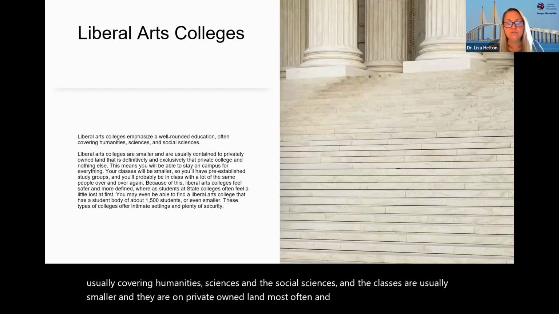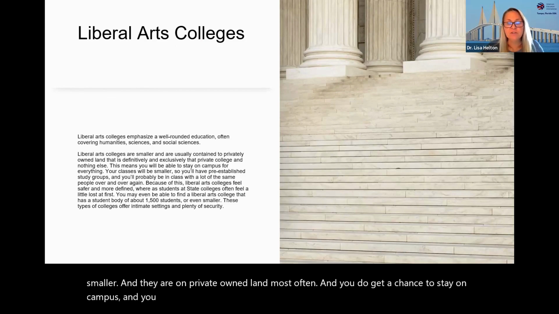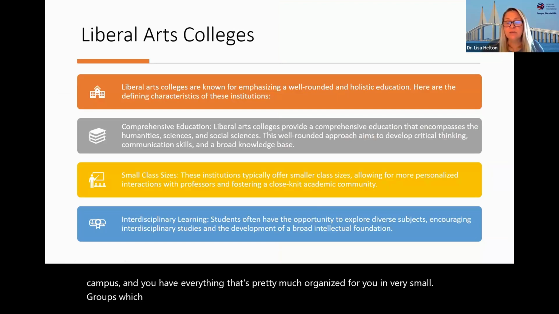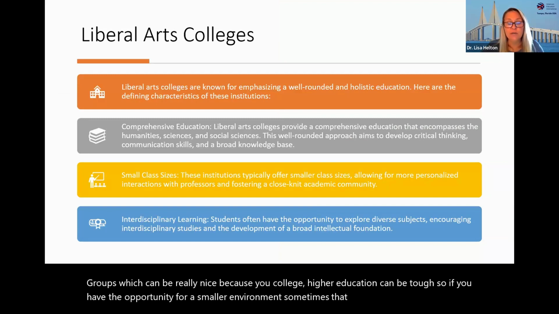And you do get a chance to stay on campus, and you have everything that's pretty much organized for you in very small groups, which can be really nice because college, higher education can be tough. So if you have the opportunity for a smaller environment, sometimes that's more helpful.